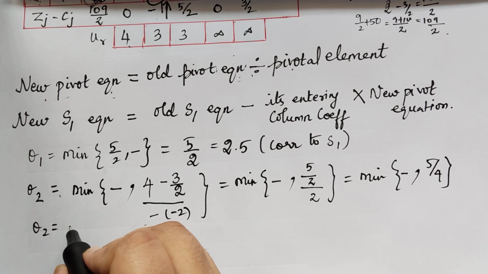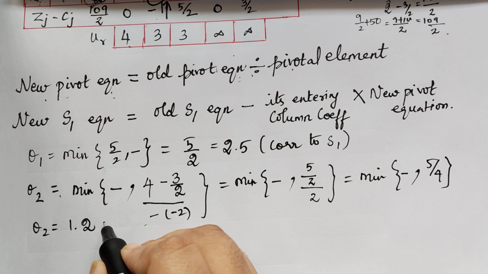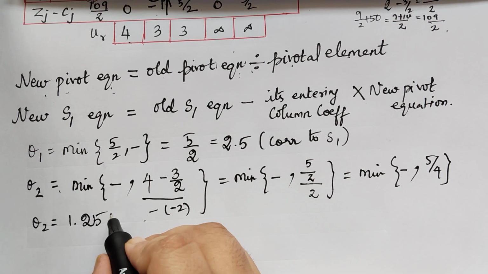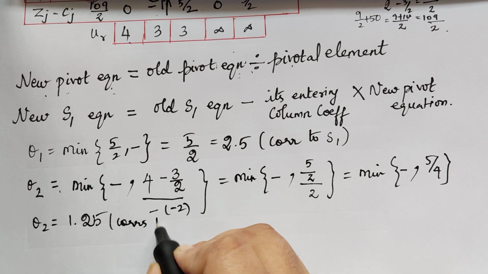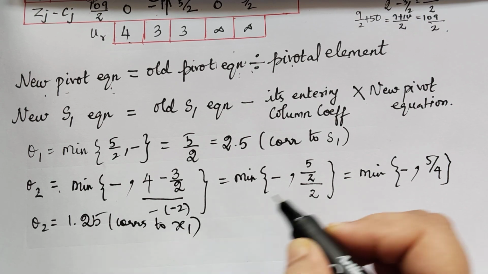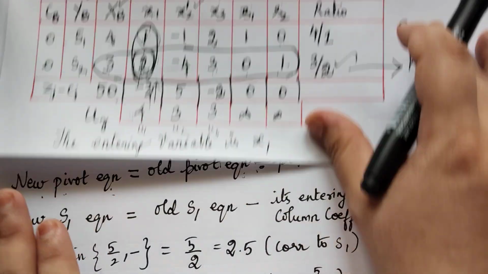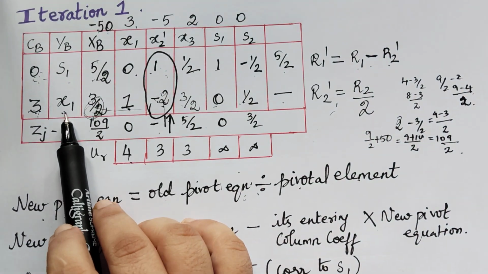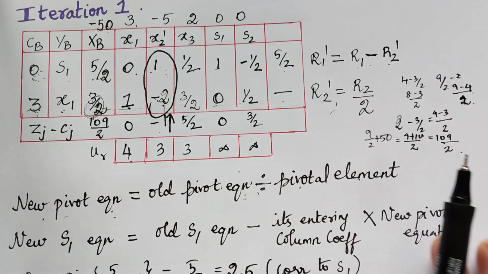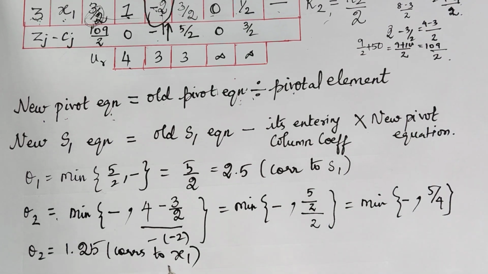What is 5 by 4? It is 1.25, you can take 2 decimals. And this is corresponding to which variable? x1. Because this was the variable here. So that is corresponding to x1.